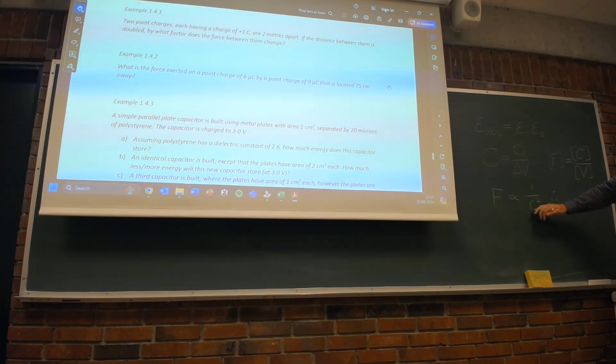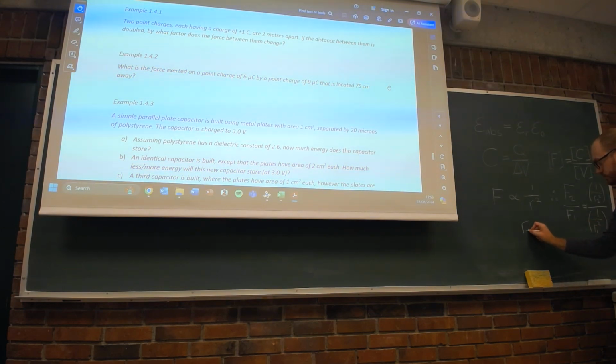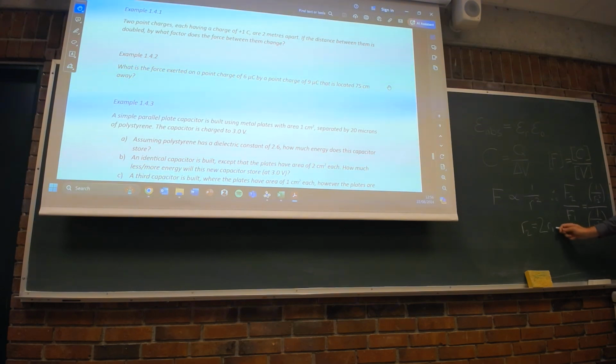Yeah, and if it is a bit confusing, it is sometimes safe to say F2 over F1 is proportional to, well, it is equal to, 1 over R2, and you can just substitute this in, and I guarantee you will get the right answer, okay?